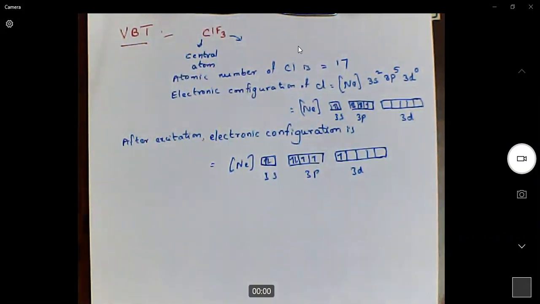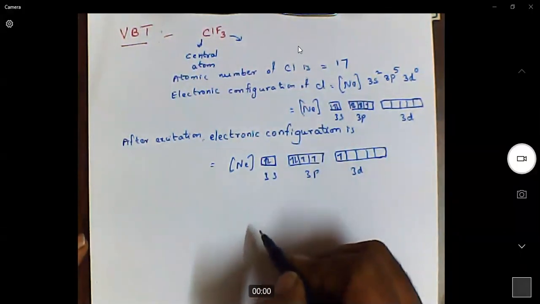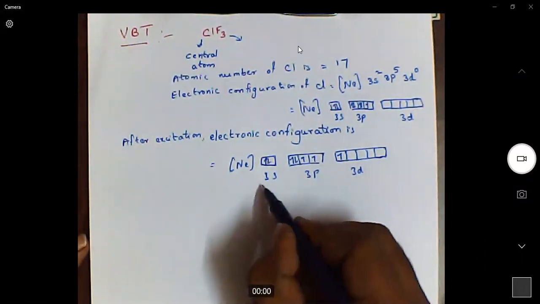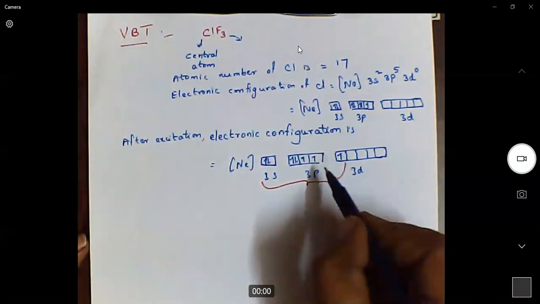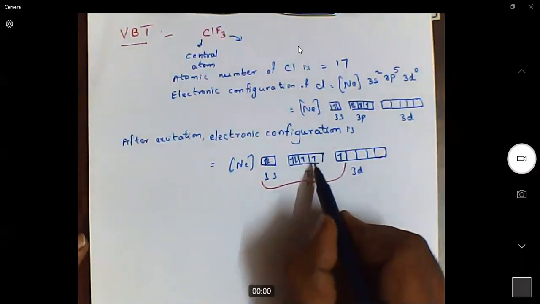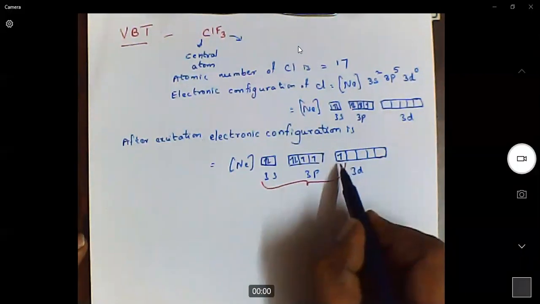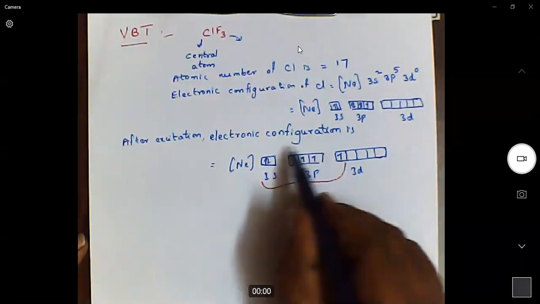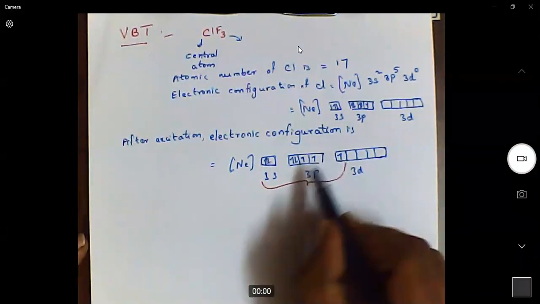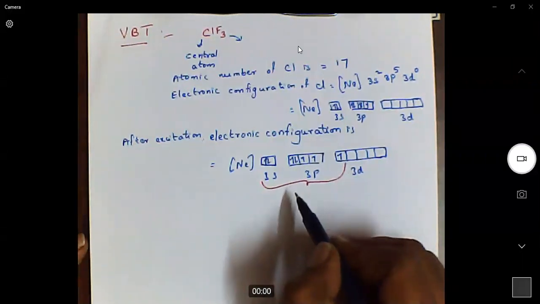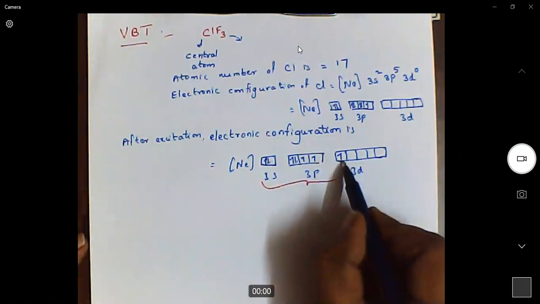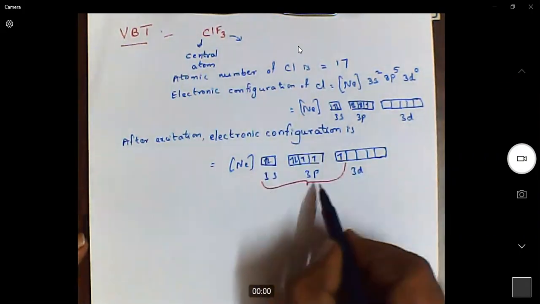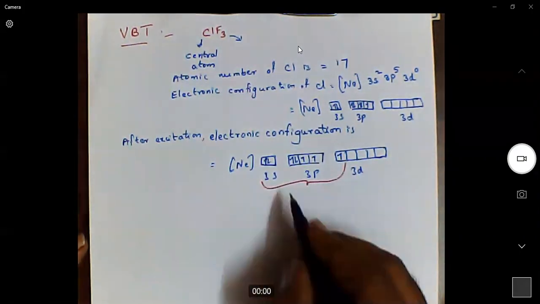Now, what are the orbitals which are involved in hybridization? All the valency orbitals. Of course, the bonding orbitals are two p orbitals and one d orbital, but not only the orbitals which are involved in bonding, all the valency orbitals will be involved in hybridization.